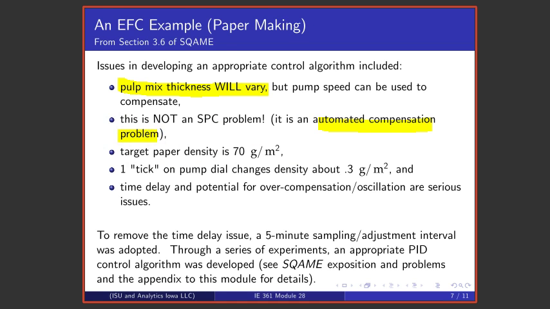The particular application discussed in the Vardeman and Jobe book had a constant density target for the paper of 70 grams per square meter. Experience with the process said that changing the pump dial by one tick changes the density of the paper on the order of 0.3 of a gram per tick.